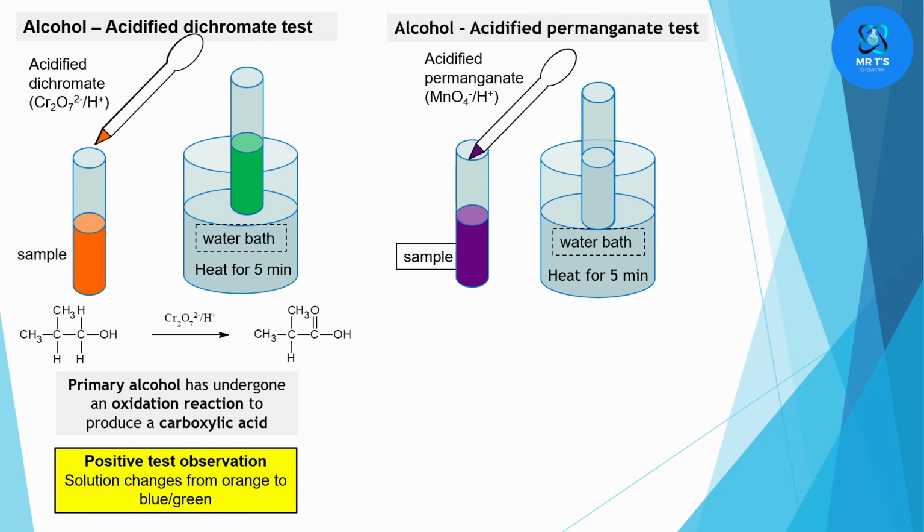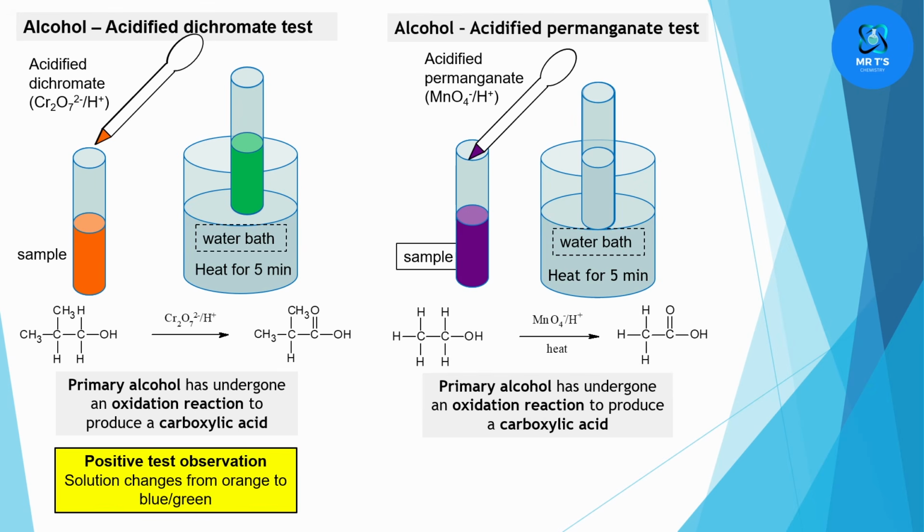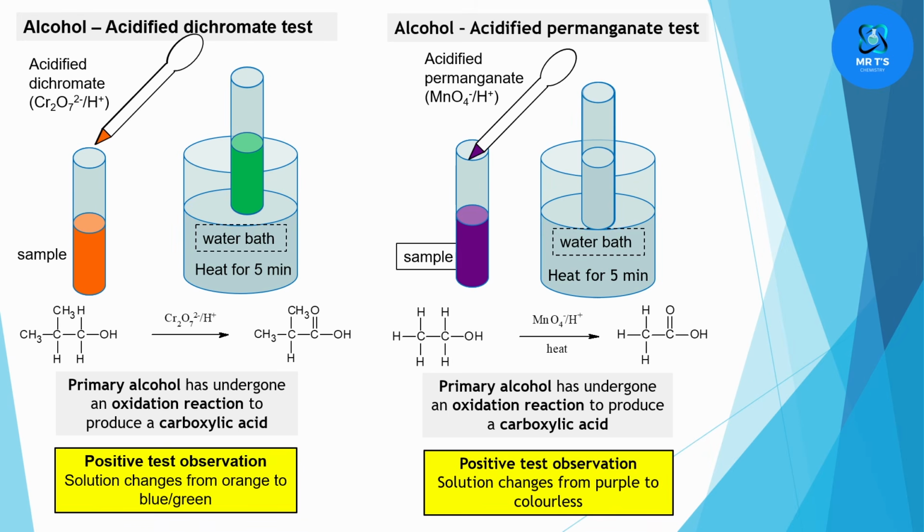It usually doesn't need to be heated and will react by itself anyway, but it does go colorless, because the manganese ion the permanganate turns into is colorless. So again, we've taken a primary alcohol and turned it into a carboxylic acid. This is also an oxidation reaction, and it is the color change we need to remember here. It's going from purple to colorless.